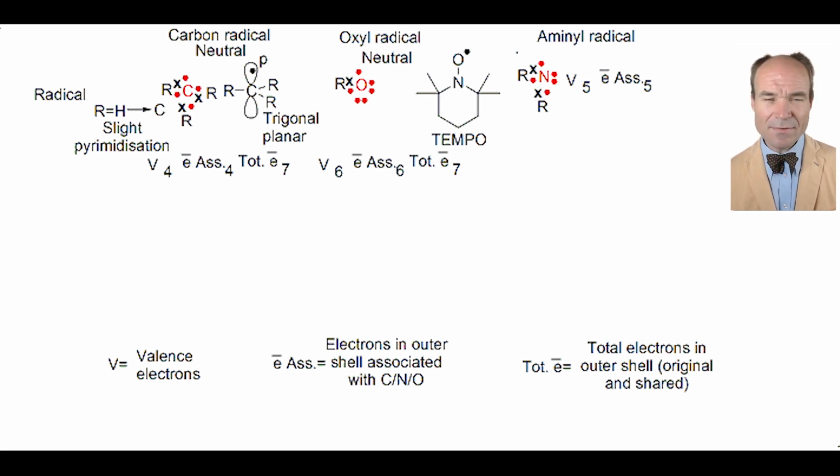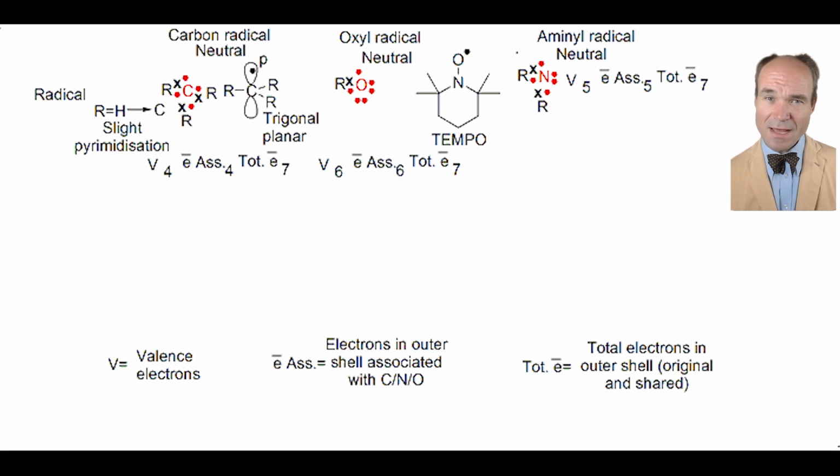Thus, 5 minus 5 equals 0, to tell us that this species is also neutral. In total, there are 7 electrons in the outer shell of this nitrogen, with 5 electrons associated with nitrogen and 2 electrons associated with R groups that share through covalent bonds with nitrogen.